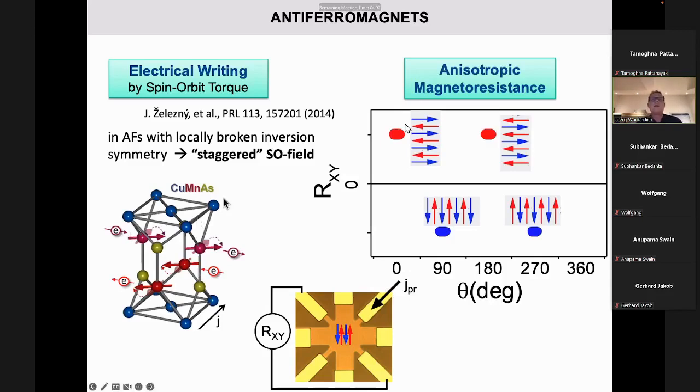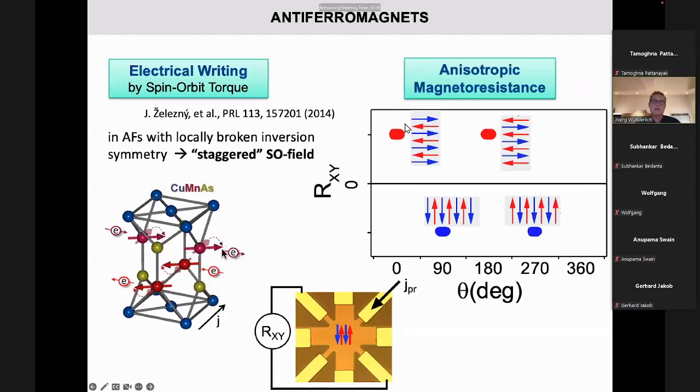And now you have here a system, this copper manganese arsenide, for example, is an antiferromagnet, where you have a locally broken inversion symmetry in such a way that your magnetic moments here for one sublattice, they are having copper atoms on top, and they have the arsenic atoms below. And therefore, the inversion symmetry around them is broken, and therefore they feel this spin polarized electrons.